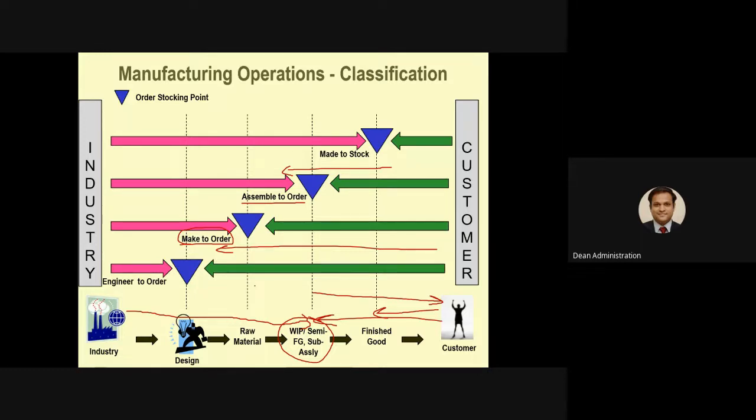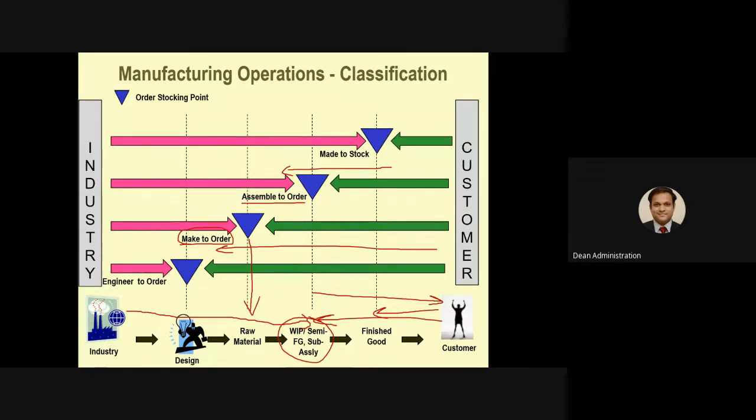Okay, he orders it at the stage of design, or you can even say at the stage of raw material also. Design will be a little higher stage. It can be better said that it is at the stage of raw material. Okay, so here you can see this is make to order right here, at the raw material stage.